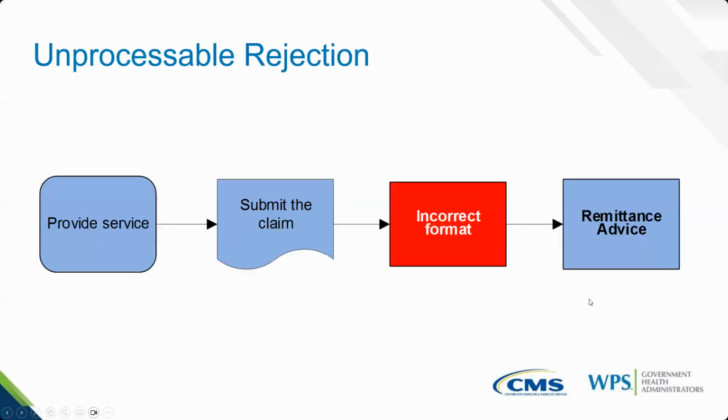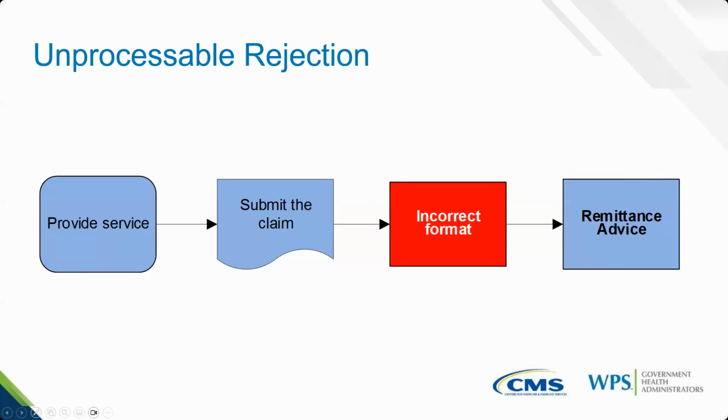Here is a simplified graphic that shows what happens to a claim that Medicare deems as unprocessable. Again, the service is provided, a claim is submitted to Medicare, but something's illogical, incorrect, or invalid, and a notification prints out on the remittance advice that the claim is unprocessable.